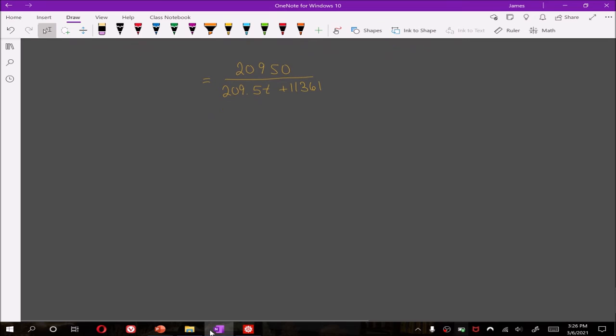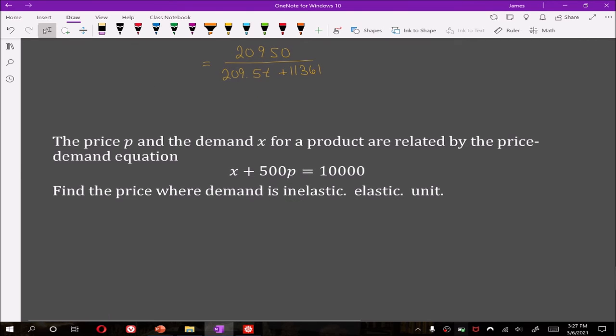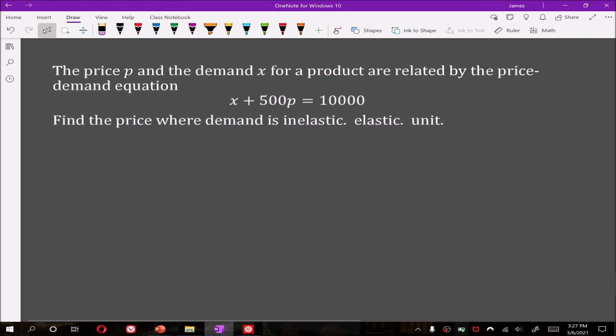Let's now take a look at our next example. So we're given price and demand for a product are related by the given price-demand equation.